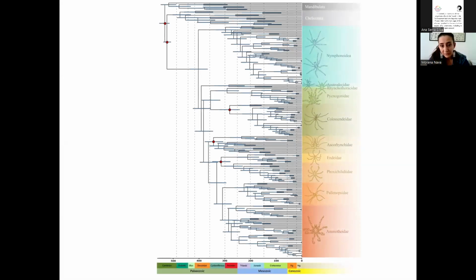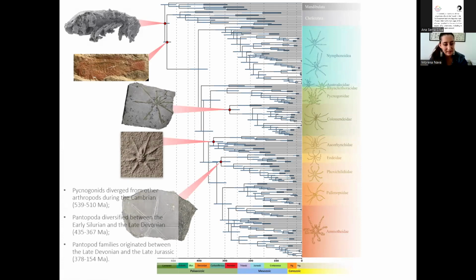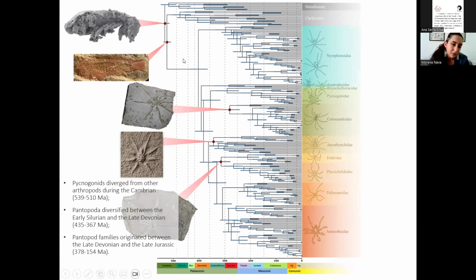So this is the time tree that we got in the end. And here you can see the calibrations at their place, with the red spots showing where they are located in the tree. And from this, we can say many things. But the key point is that if you want to know how old pycnogonids are, we can have a look here.